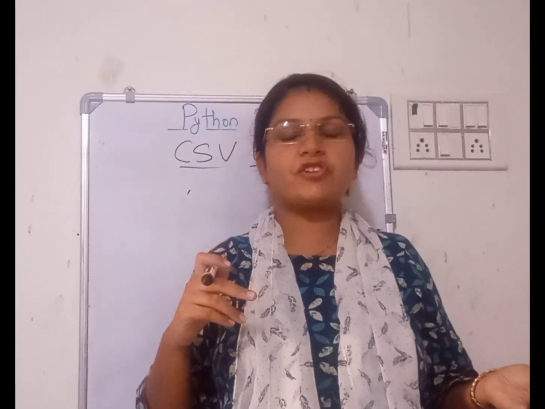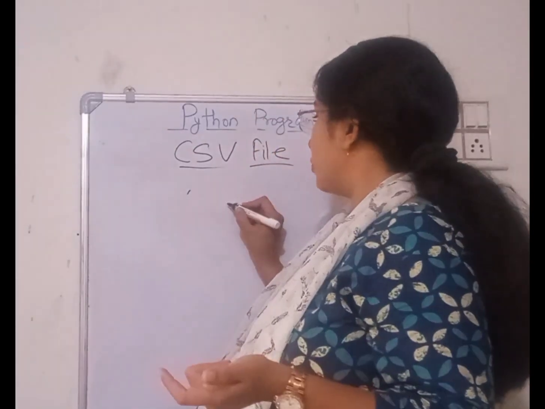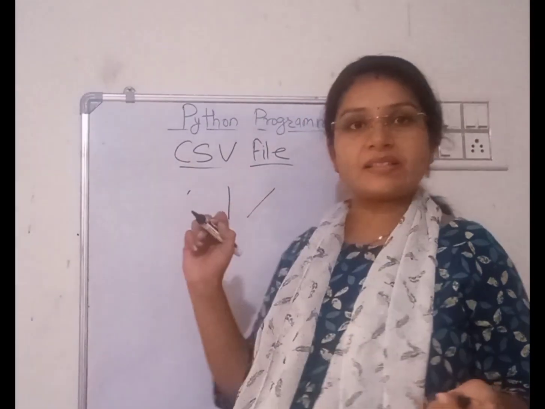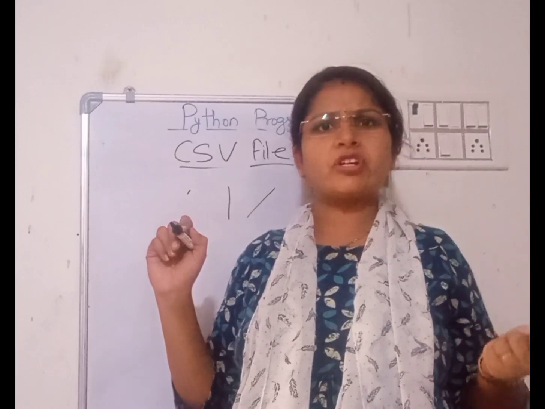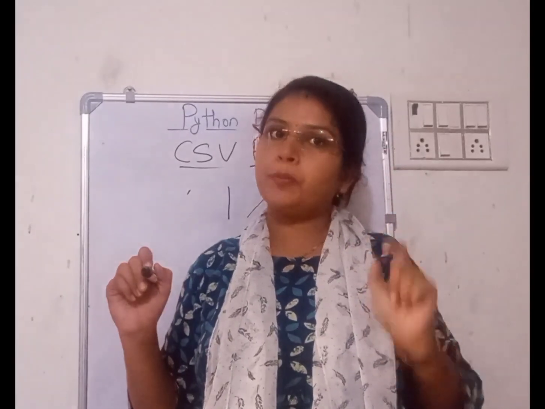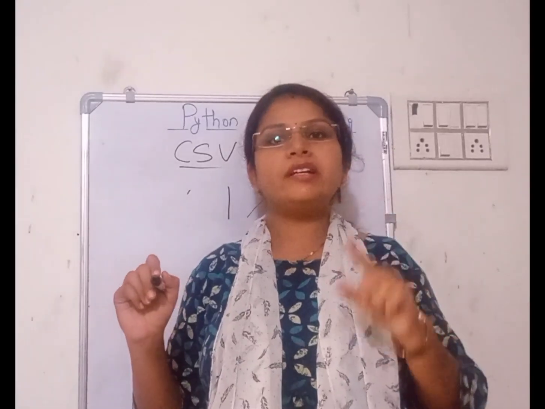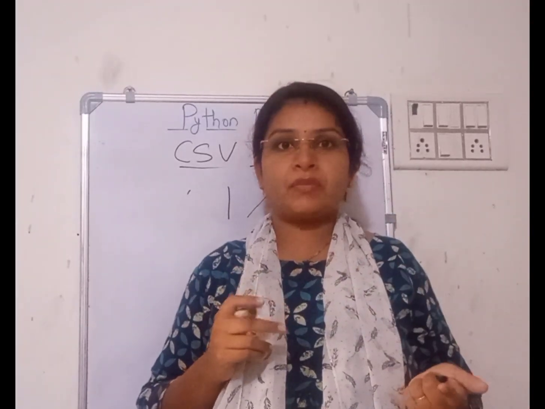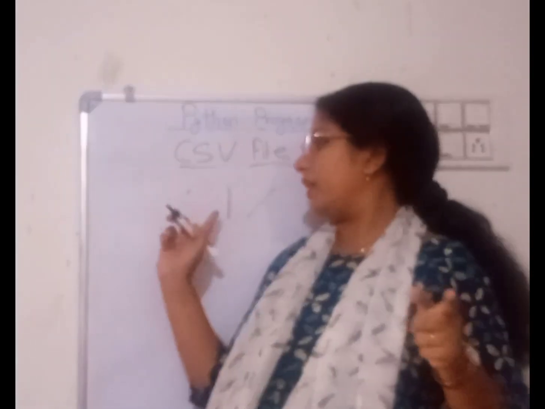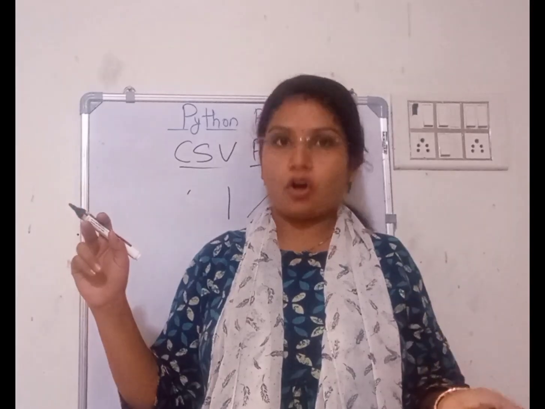But in modern applications, other than comma, you can use any kind of delimiter, such as a vertical line, slash, backslash, or any special character. You just need to define that delimiter value in your program while creating the comma separated values files. But if you don't provide the delimiter value, then the default delimiter for the CSV file is comma only. So by default, all the values will be separated by comma.